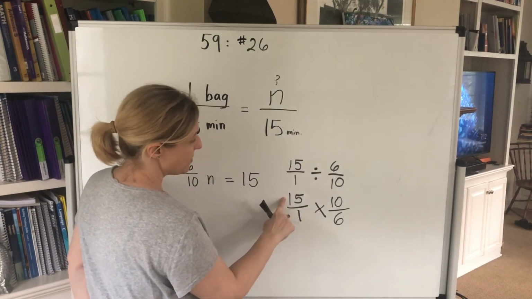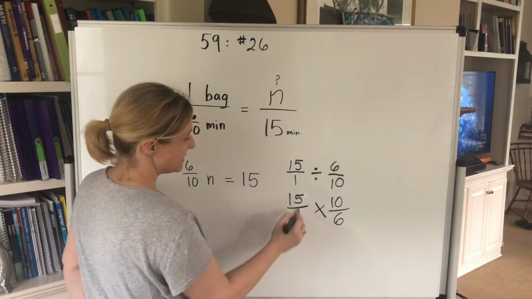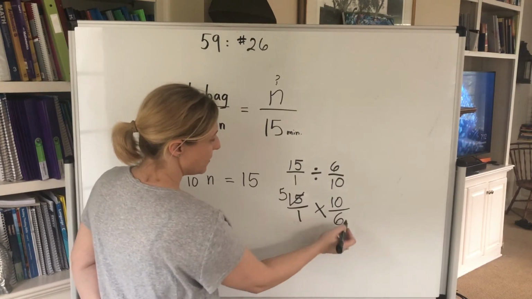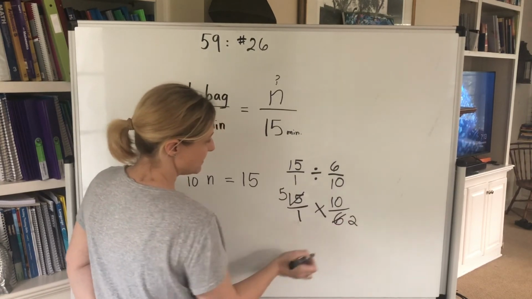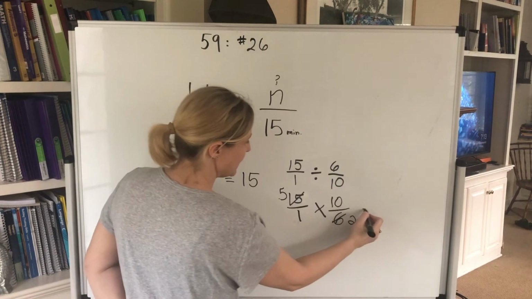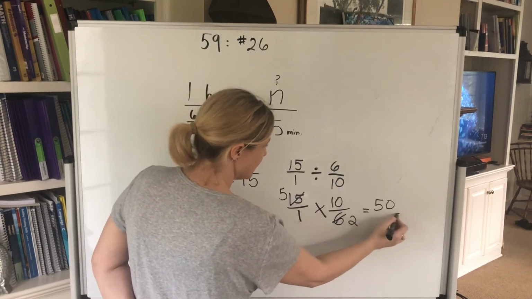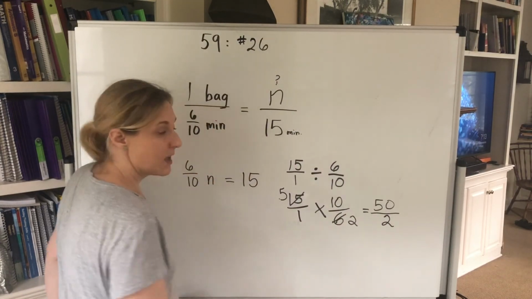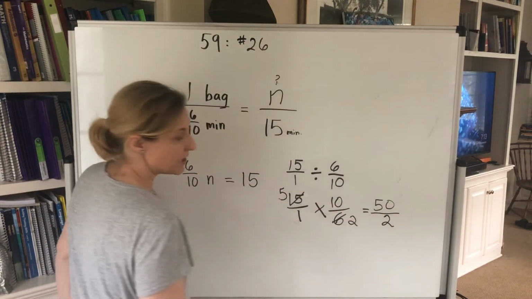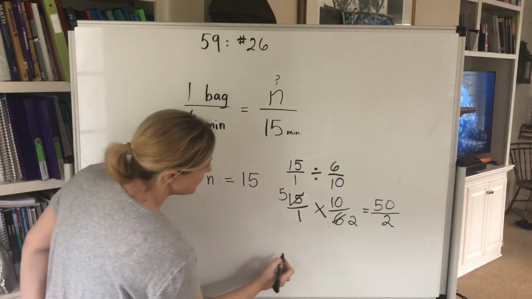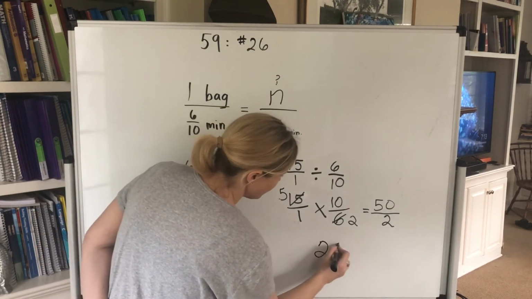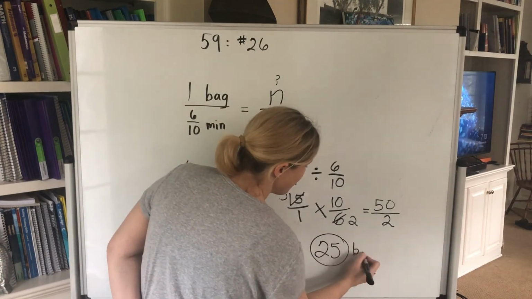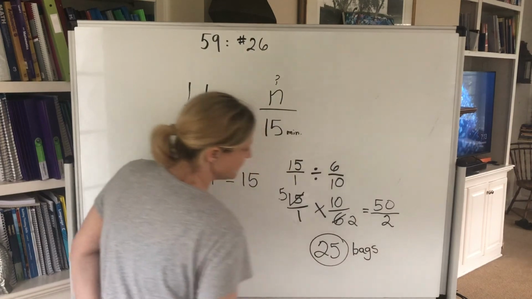Yes. 3 will go into both 15 and 6. 3 goes into 15 5 times. 3 goes into 6 2 times. 5 times 10 equals 50. 1 times 2 is 2. 50 divided by 2, or divided in half, is 25. So Nina can pack 25 bags of groceries in 15 minutes.